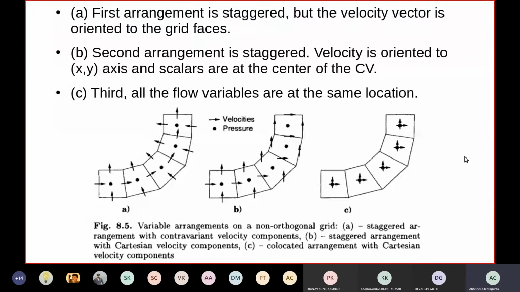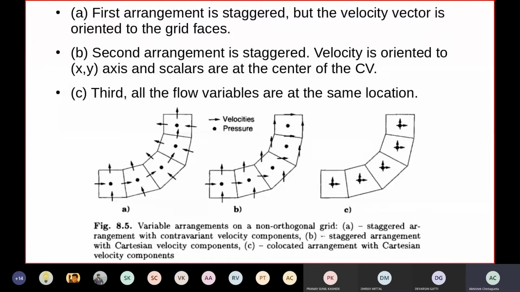At this point, your U is given in this direction, V is given in that direction, and your dot represents pressure variables. If you store pressure and velocity at the same location, for a zigzag kind of velocity gradient, you're going to get 0 gradients per central difference. So this is going to cause some problem for our incompressible solvers.